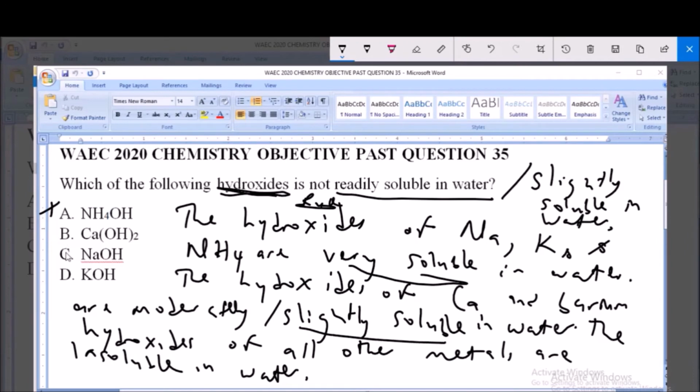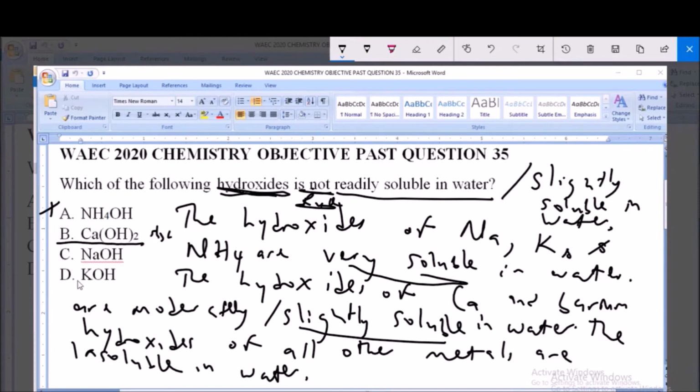So you can't really say it is readily soluble. So it is not readily soluble in water. So option B, calcium hydroxide, is actually the answer to this question.